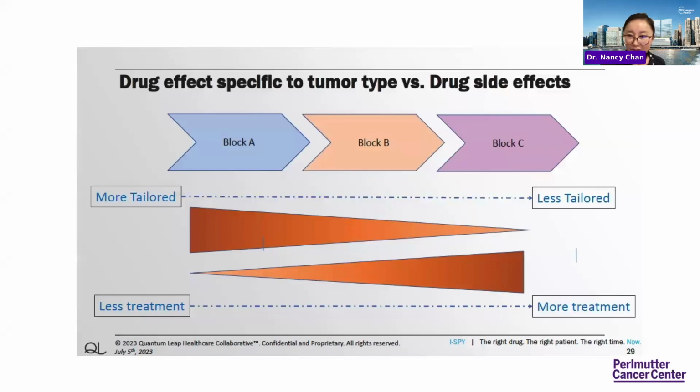So again, this is another diagram that's describing what this trial essentially is trying to accomplish. On the left side here is describing more tailored therapy, so targeting therapy with less treatment, meaning less systemic chemotherapy, less toxic therapy. The treatment strategy is really decided based upon the genomic information we get up front.